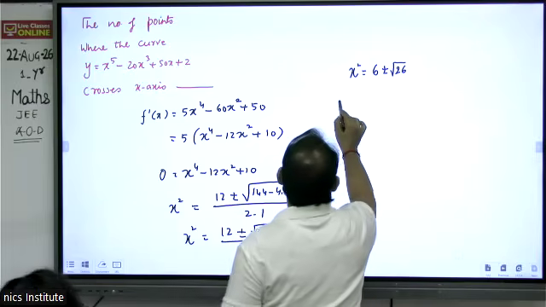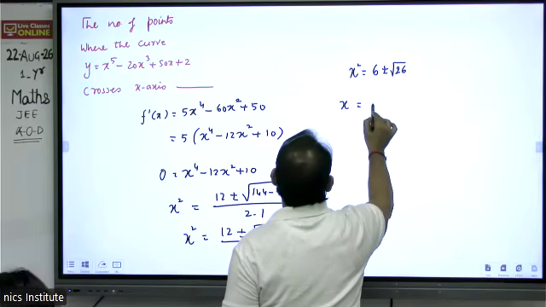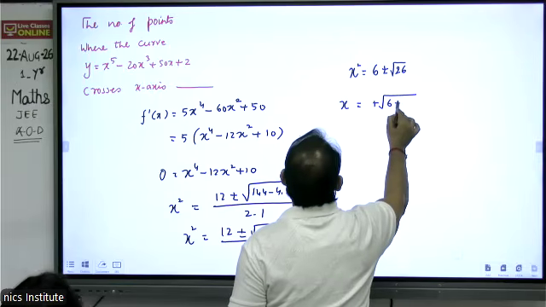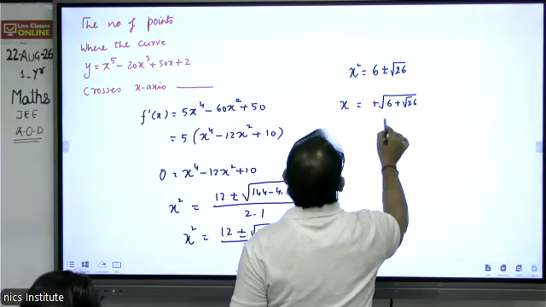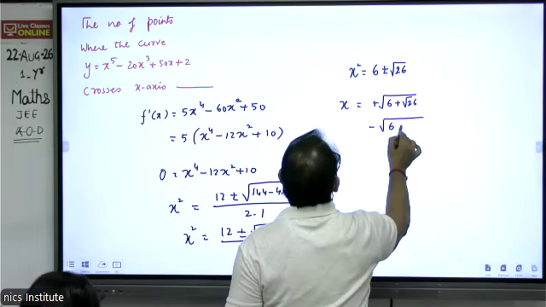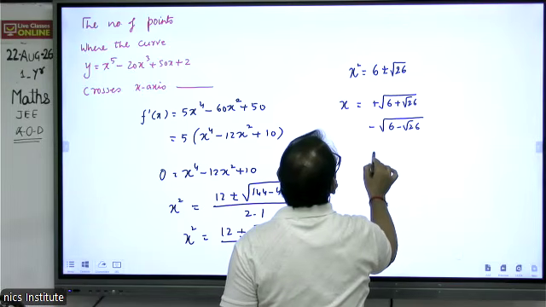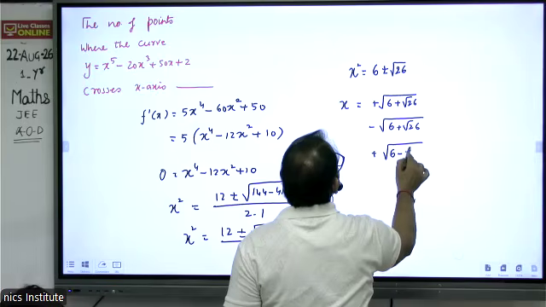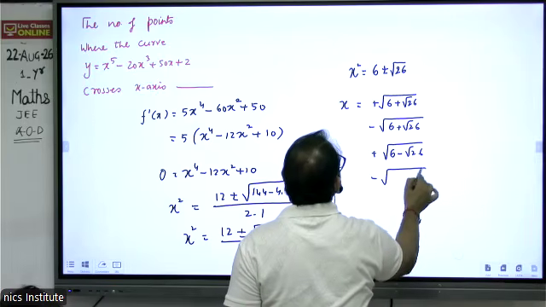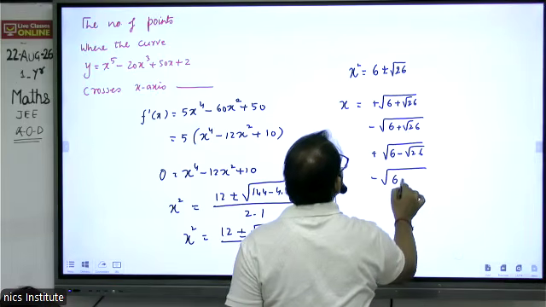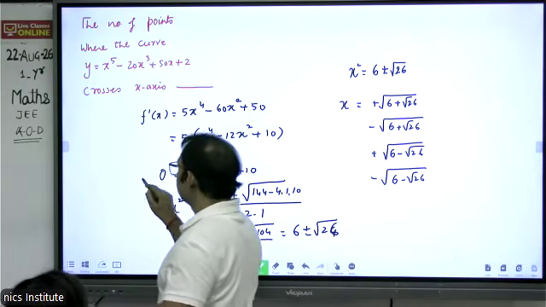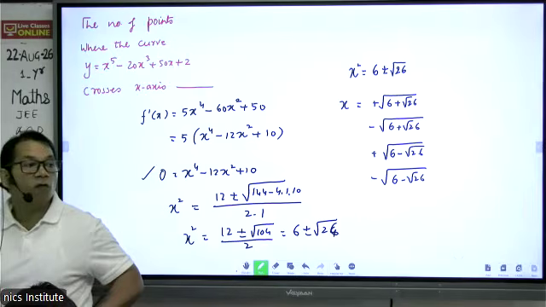When you further take root, there'll be 4 answers: plus root of 6 plus root 26, minus root of 6 plus root 26, and then plus root of 6 minus root 26 and minus root of 6 minus root 26. This equation has 4 roots, so there'll be 4 points of local maxima and minima.